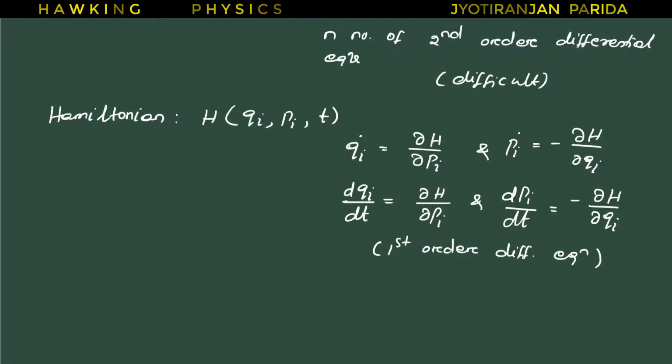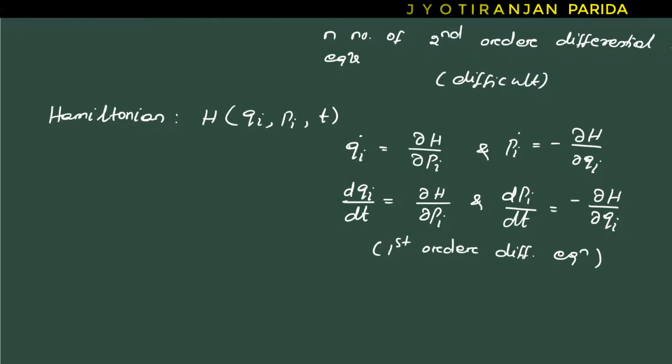Okay. Then just see how we can transform the Lagrangian dynamics into Hamiltonian dynamics. We all know, to find the Lagrangian, we must use the kinetic energy and potential energy terms. Then from this Lagrangian, we can easily find the Hamiltonian.